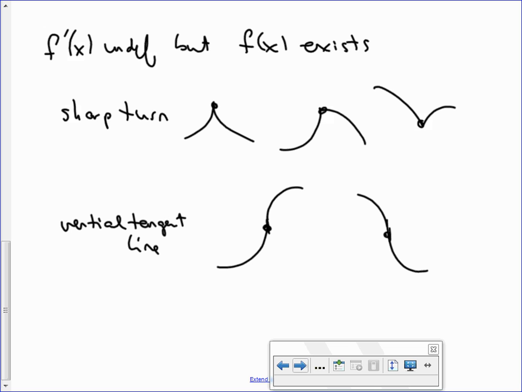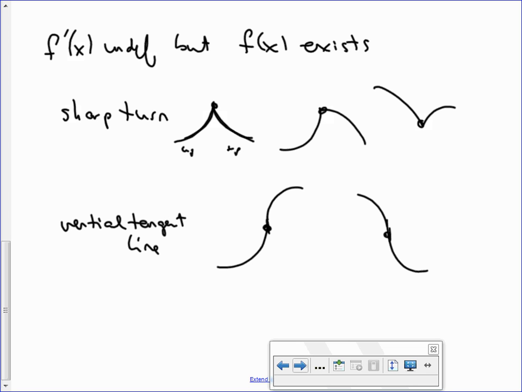And the way that you tell the difference is by looking at all of the other information, your f prime information and your f double prime information. So for example, in all of these pictures here, the slope is undefined at that big point that I've marked. Here it is increasing and then decreasing, and it's concave up on both sides.